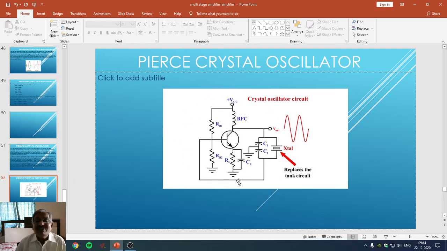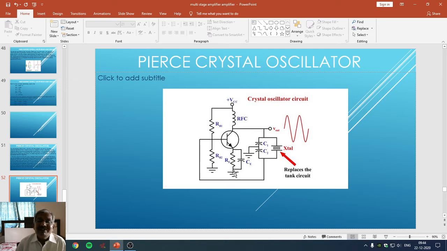Now, what does this crystal oscillator consist of? It consists of a transistor used in common emitter configuration. The transistor is biased by a voltage divider arrangement formed by RB1 and RB2. This voltage divider biasing network adjusts the operating point of the BJT in the active region so that it acts as a faithful amplifier.